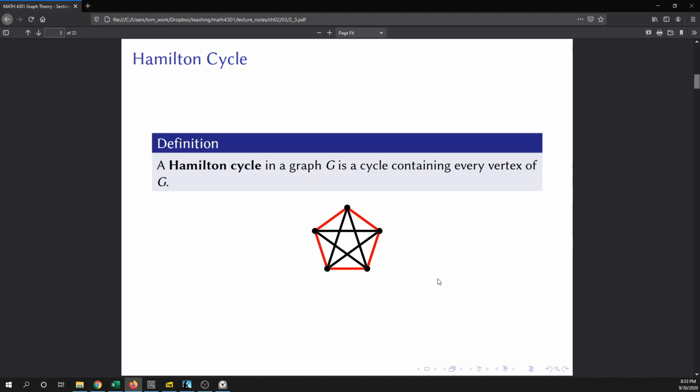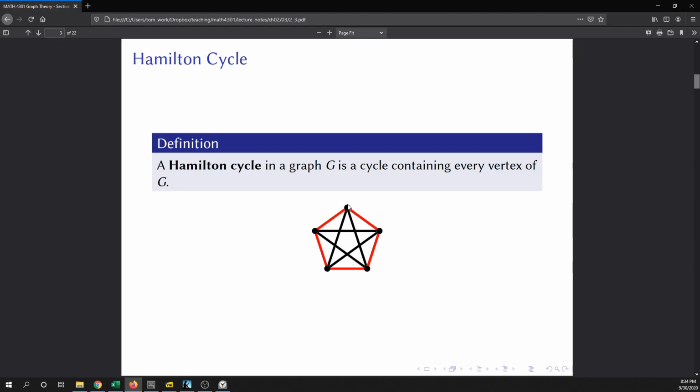Next definition that we want to take a look at is a Hamilton cycle. A Hamilton cycle in a graph G is a cycle that contains every vertex of G. So you can see that this red cycle around the edge is a Hamilton cycle. If I look at it, it contains every vertex of the graph, in this case, the complete graph on 5 vertices.